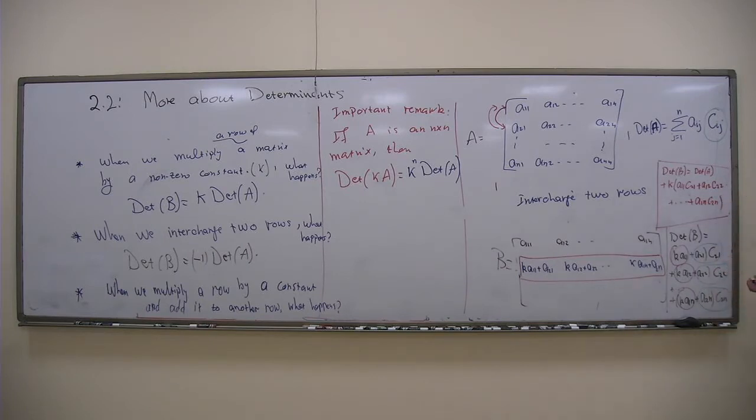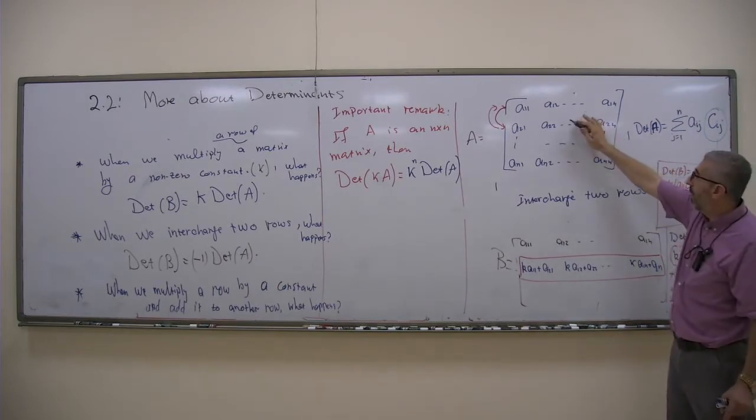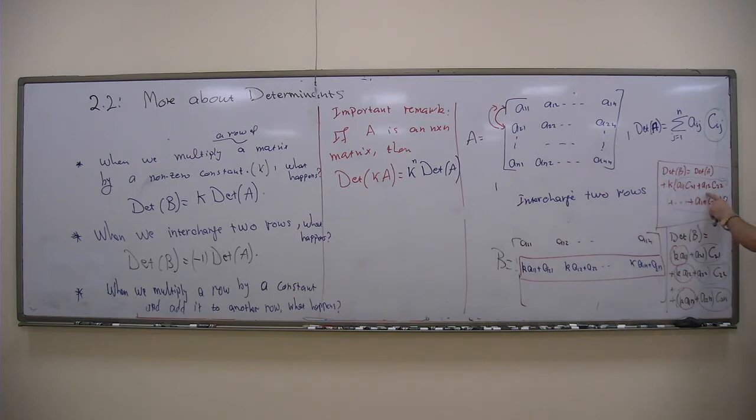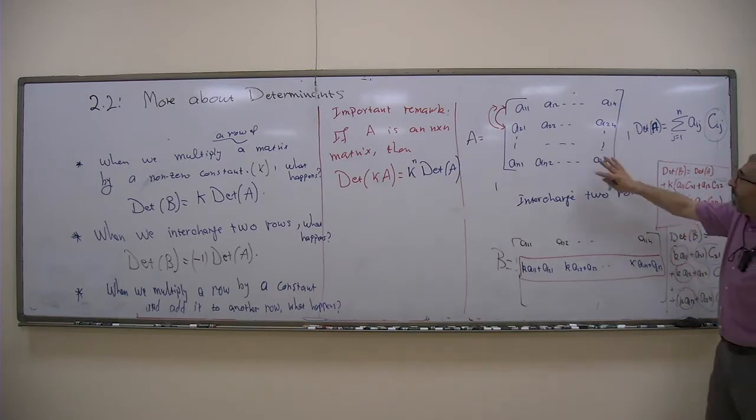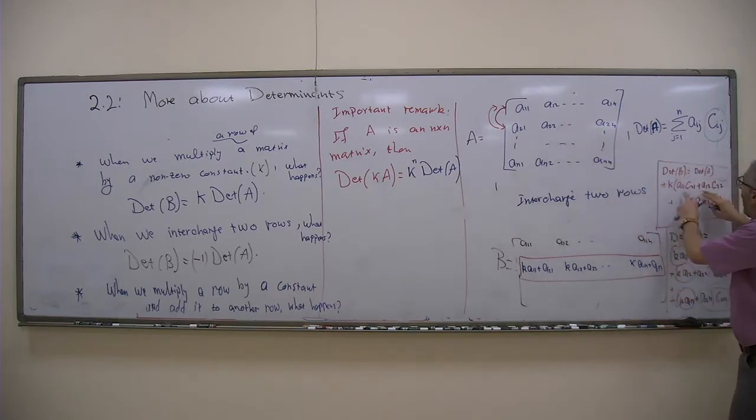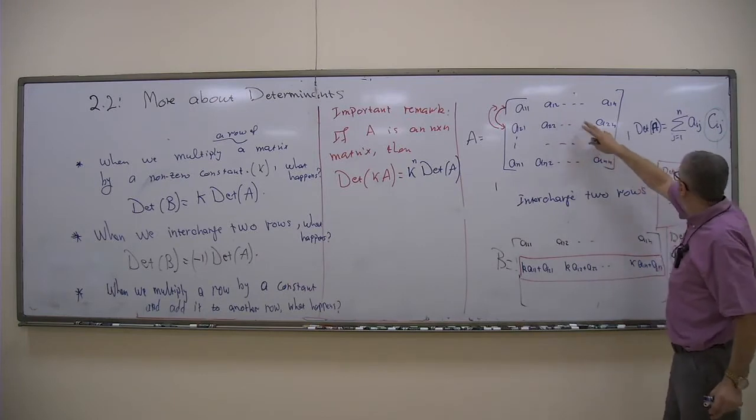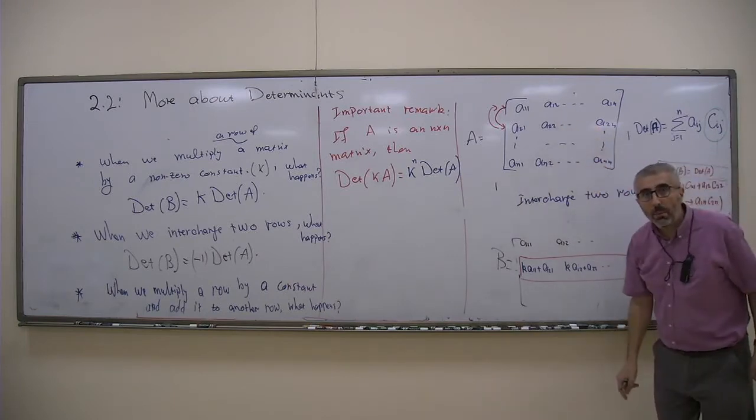What is this? Remember, C21, C22, C2n, they are the same as what you have here. So now you have A11, A12. What is this? This is coming from the first row. So this actually, it is the determinant of a matrix in which you have this row and this row same.